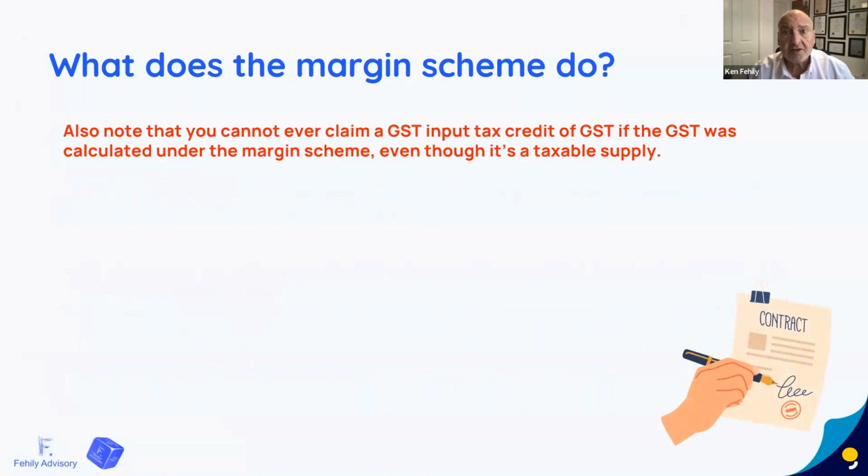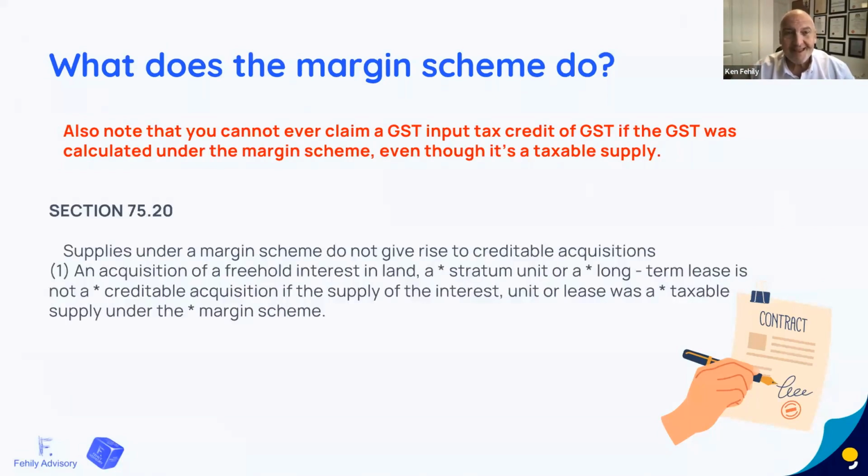What else does the margin scheme do? Normally, when you make a taxable supply, in the ordinary course of events, you can claim a GST credit. Not with the margin scheme. Section 75.20.